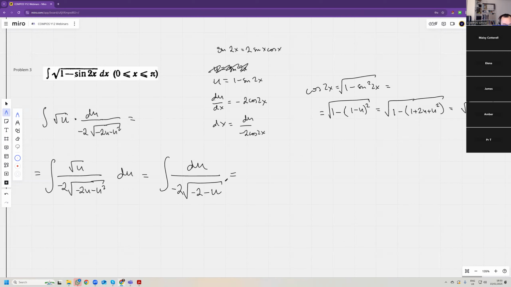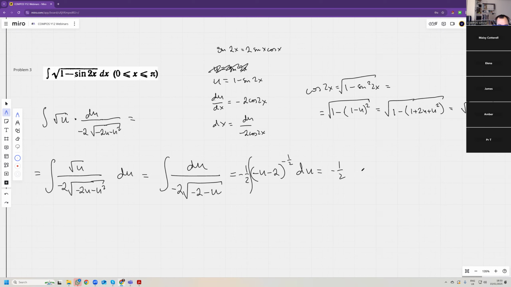That looks wrong, but it's going to be minus 1, so it is minus (u minus 2) to the power minus 1/2 du. So that's minus 1/2 multiplied by minus 2.